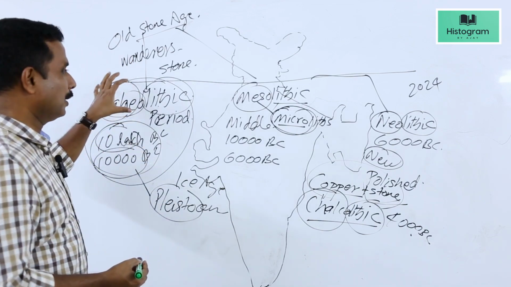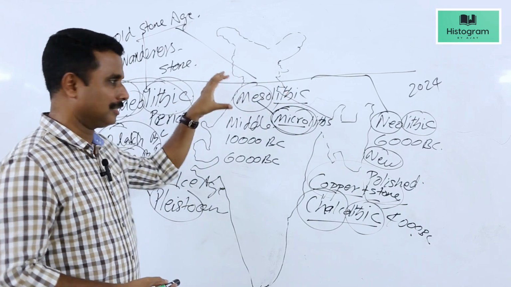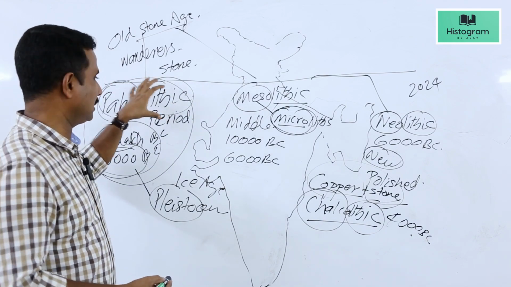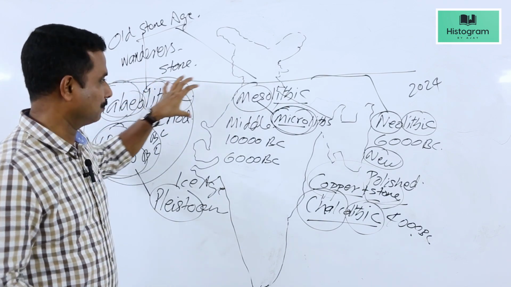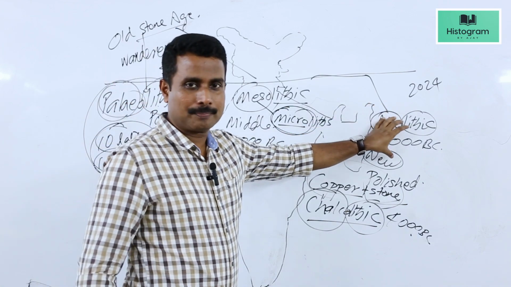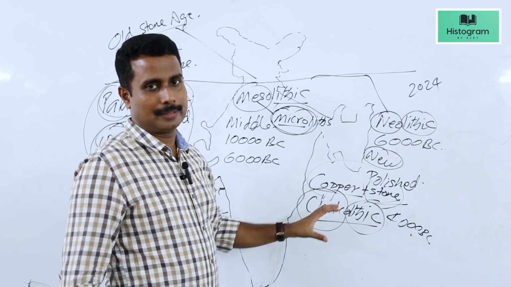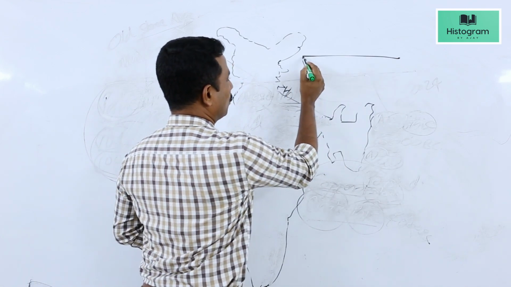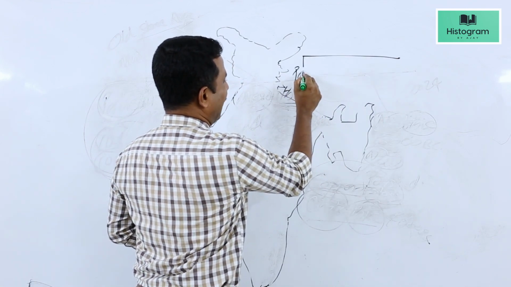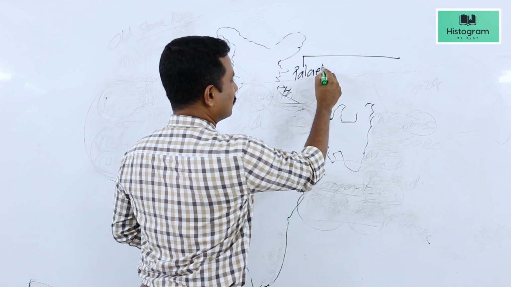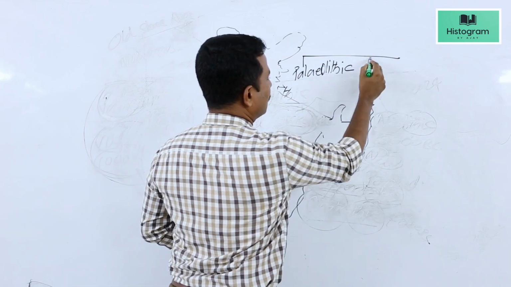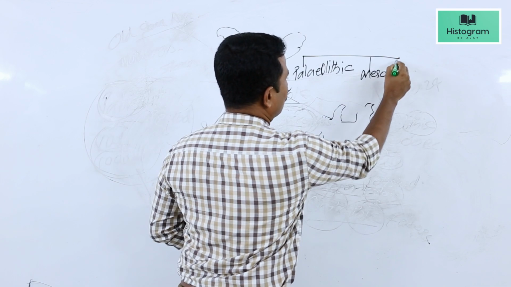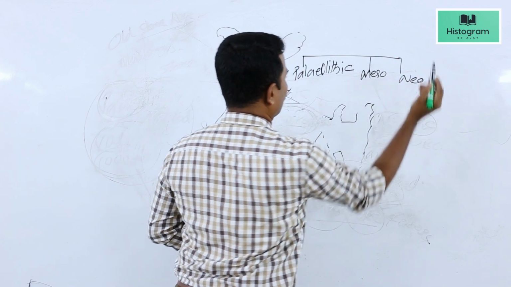So we have seen the different stages, the ancient or initial stages in Indian history, that is Paleolithic, Mesolithic, Neolithic, and next is Chalcolithic. So we can put it on a time scale. This is Paleo, this is Meso, this is Neo.